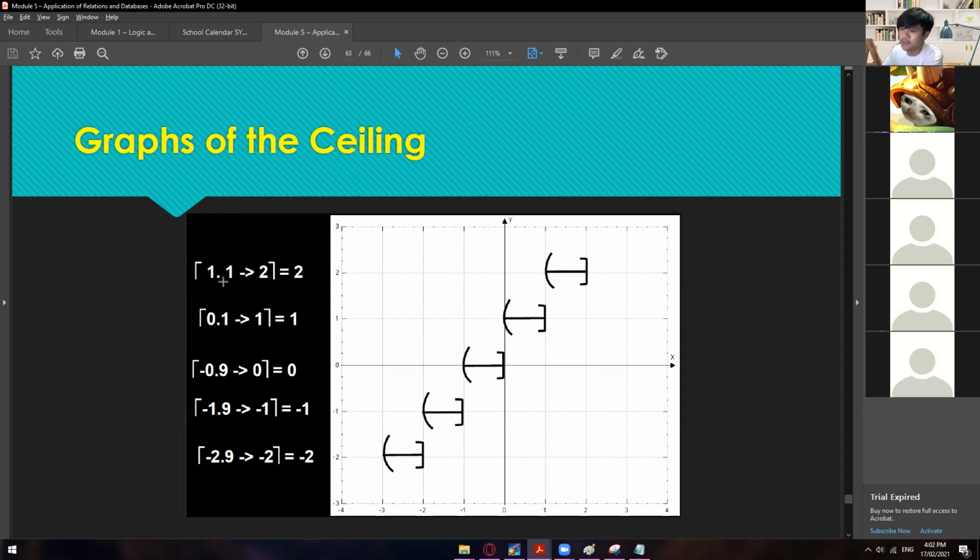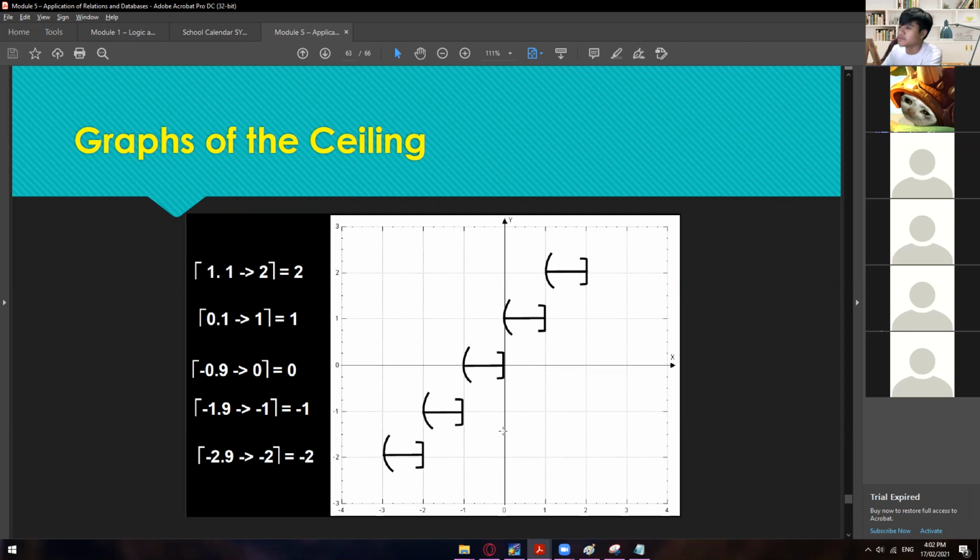No matter how small your decimal is, it will round up to the next integer. If you have 0.1, it will be considered as 1 already. If you have negative 0.9, it will be considered as 0. If you have negative 1.9, it will become negative 1. If we have negative 2.9, it will become negative 2. And again, if you're going to plot this one, this is where you're going to plot it.